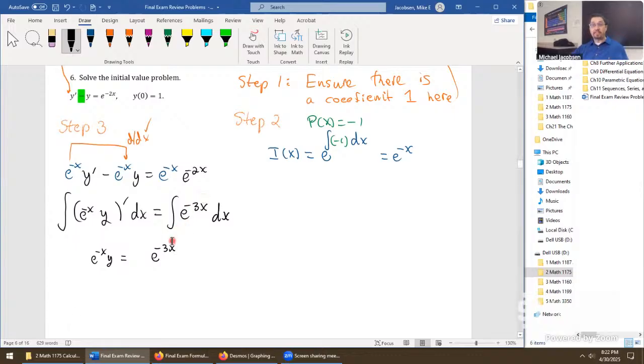If you differentiate -3x, you get a -3. So we put in a -1/3 to counteract the chain rule in our verification. Add a constant. And I almost forgot about this. Now we're solving for that coefficient c through the initial condition. But does that make sense, folks, on how to get from the differential equation to the equation next?